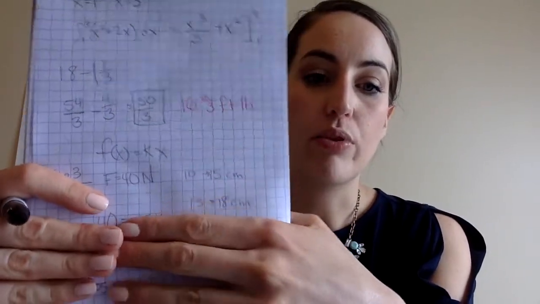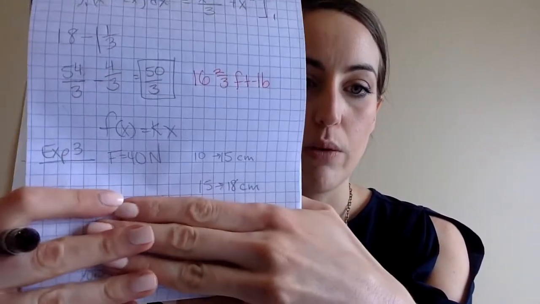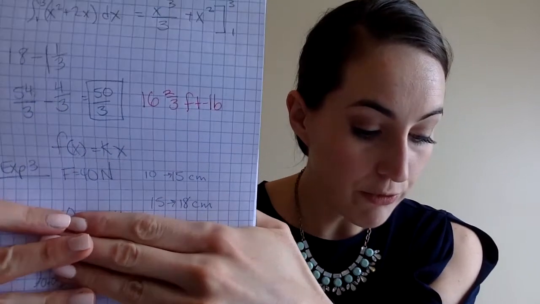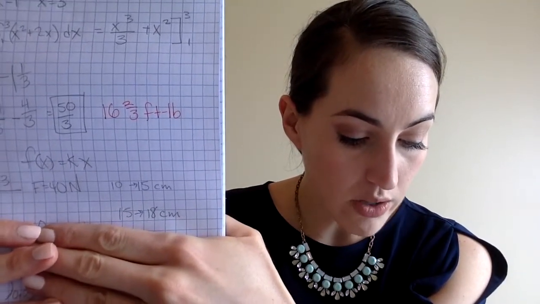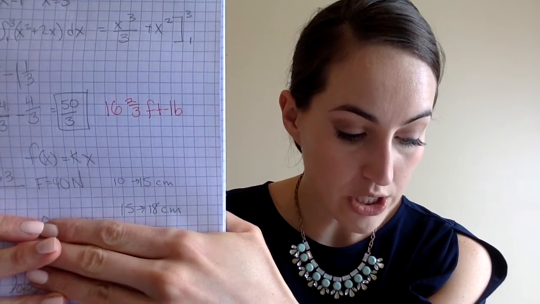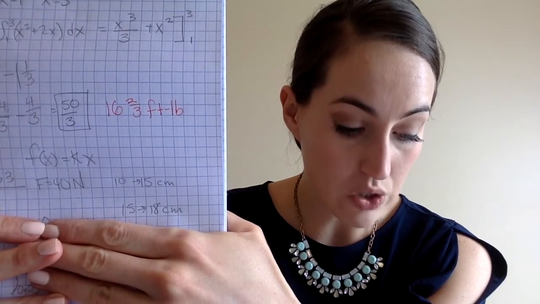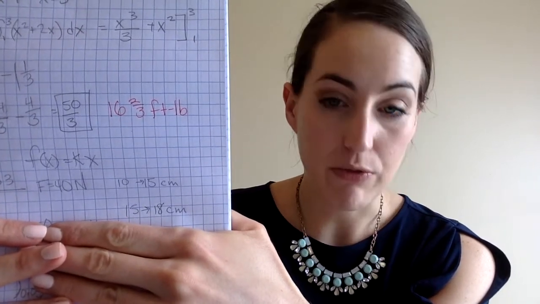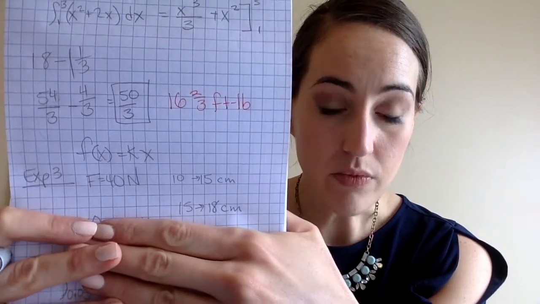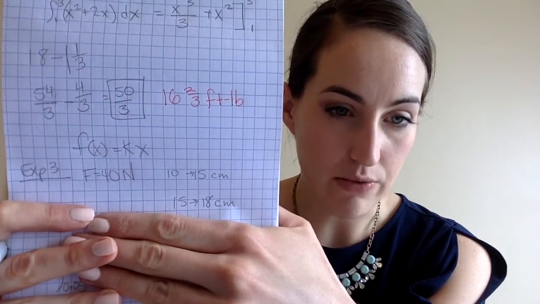And then the problem gives us a force of 40 newtons is required to hold a spring that has been stretched from its natural length of 10 centimeters to a length of 15 centimeters. How much work is being done in stretching the spring from 15 to 18? So I've written that down for the start of our problem.